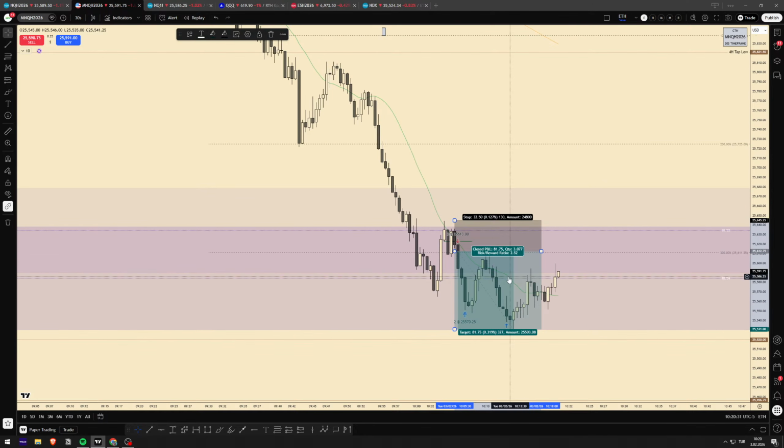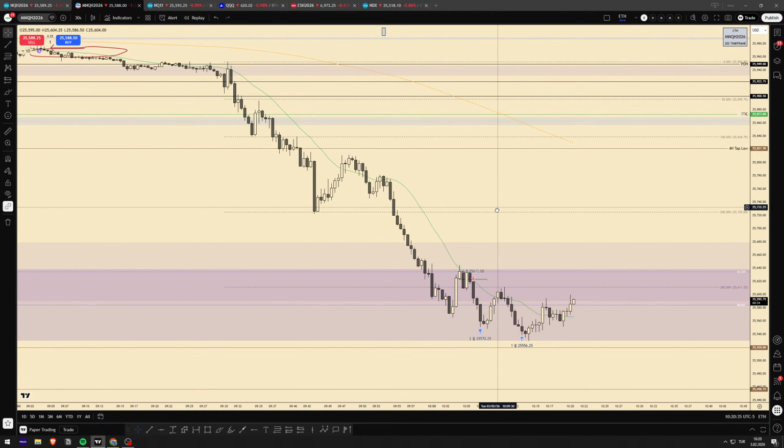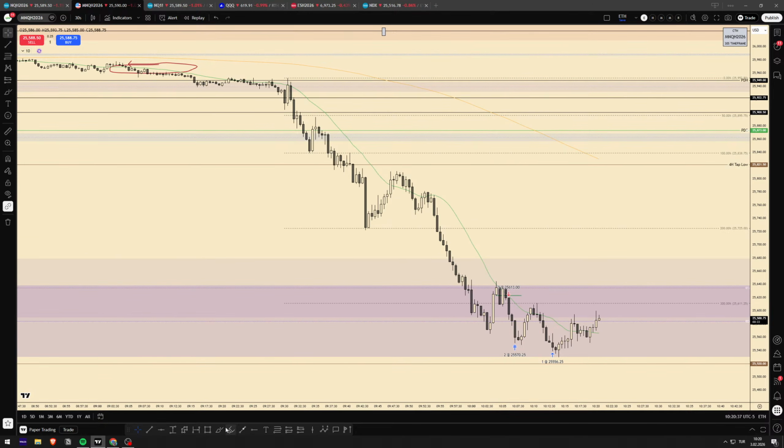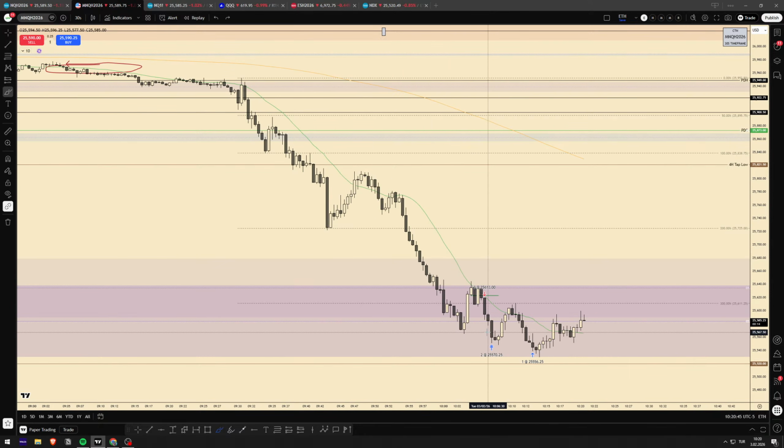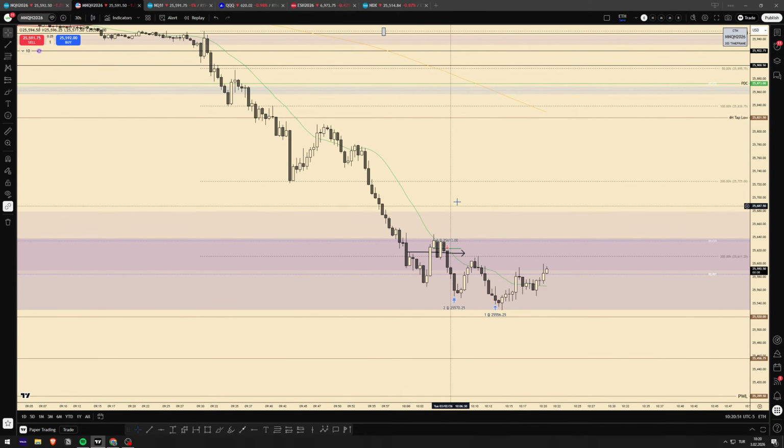But don't get me wrong, if my setup occurred over here, I mean, price gave a short opportunity over here too, but price did not print my favorite entry pattern. Okay, this is my favorite entry pattern.